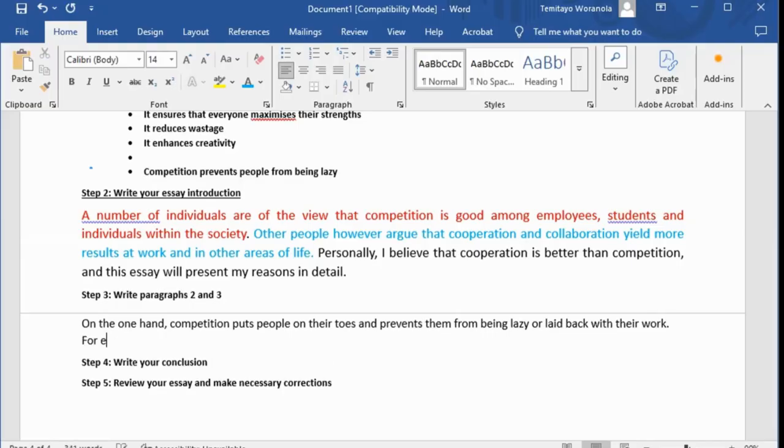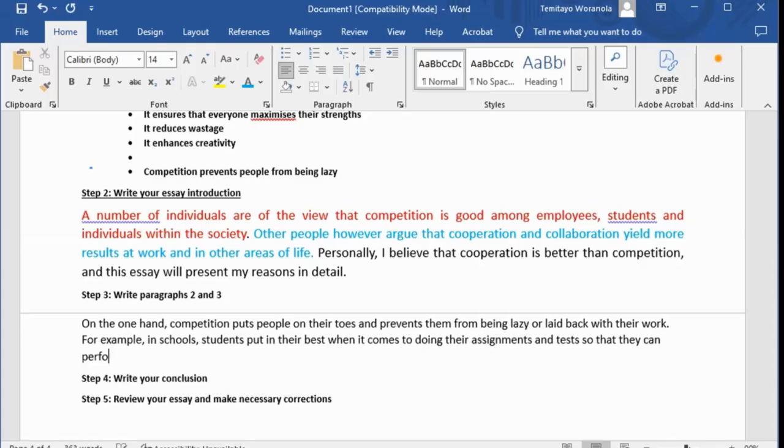For example, in schools, students put in their best, and what's it called, put in their best when it comes to doing their assignments and tests so that they can perform better and get higher grades than their colleagues.